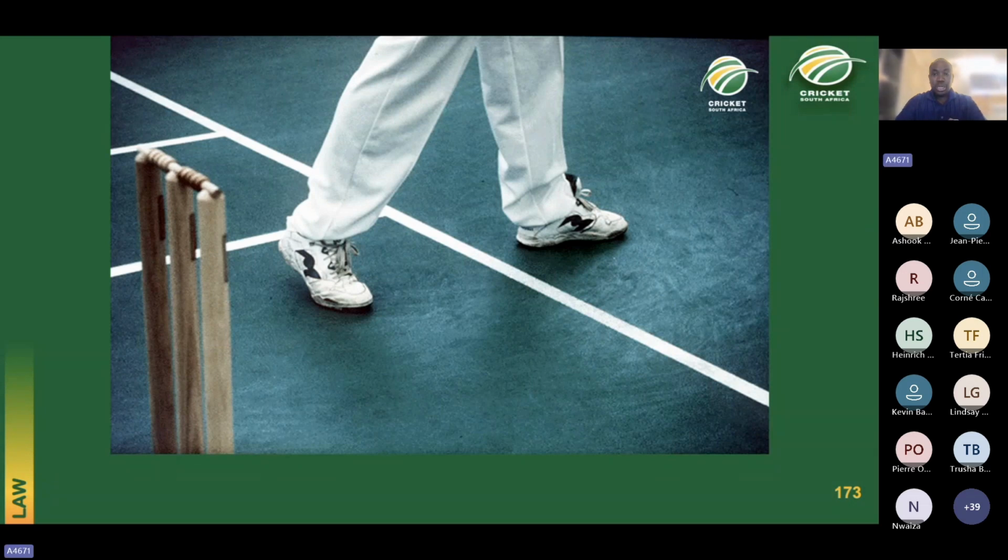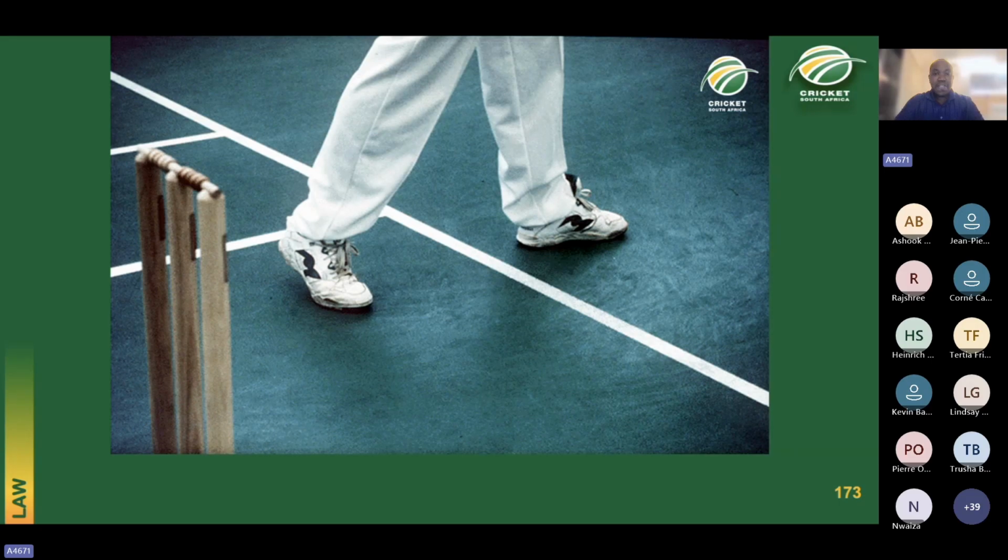Easy decision. No ball. Sometimes what could happen is a bowler could land comfortably behind the popping crease and then their foot slides over the popping crease. Where do we judge it? We judge it on first landing.